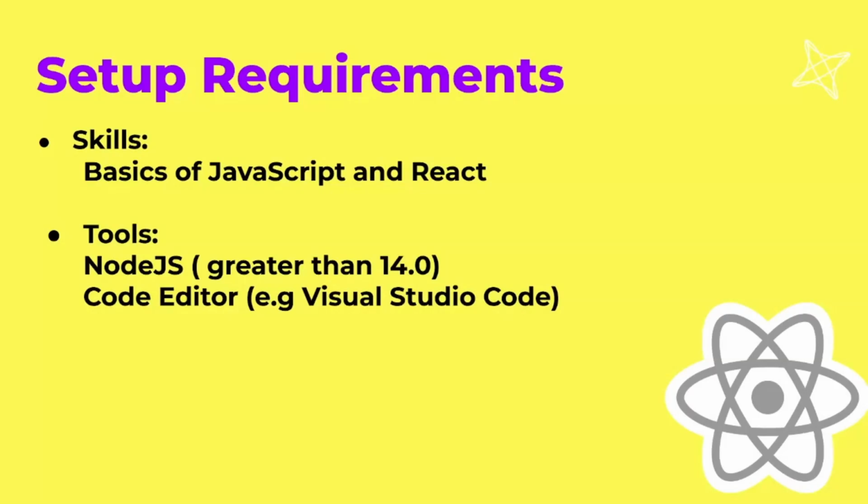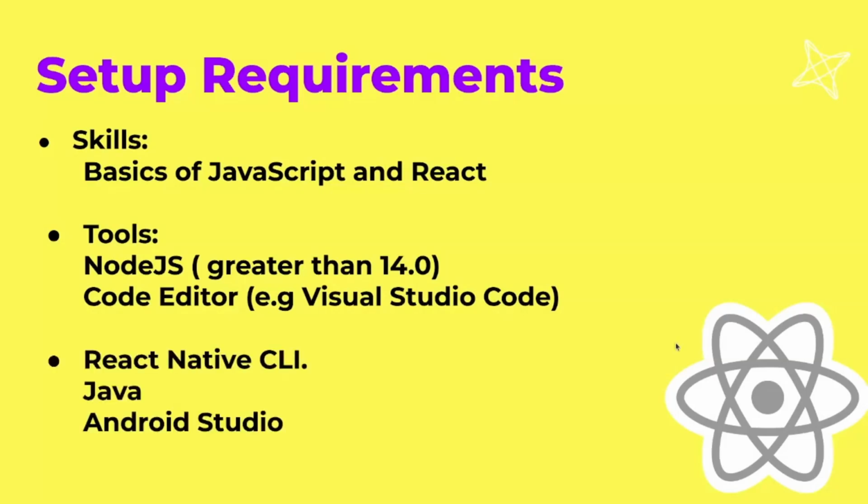For a code editor, you can go online to Visual Studio Code and download it, or any other code editor that you like to use. However, if you're using React Native CLI, you're going to use Java and Android Studio for development. So I'm going to show you also how to set up Java and Android Studio for React Native CLI.